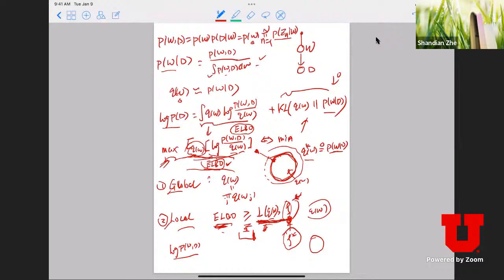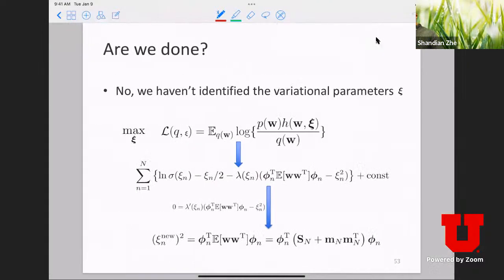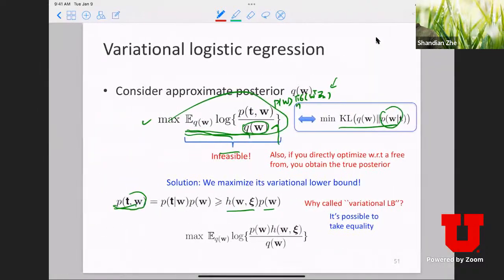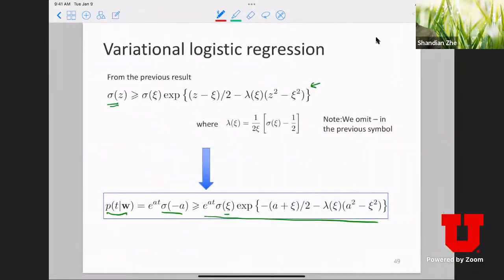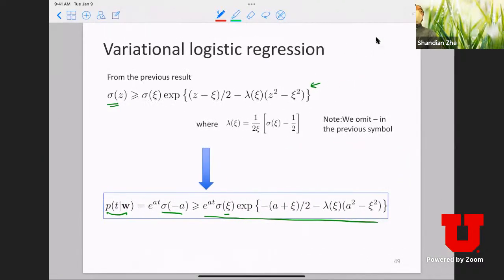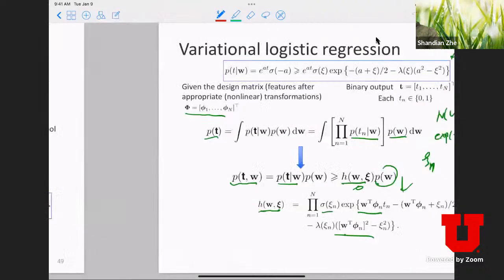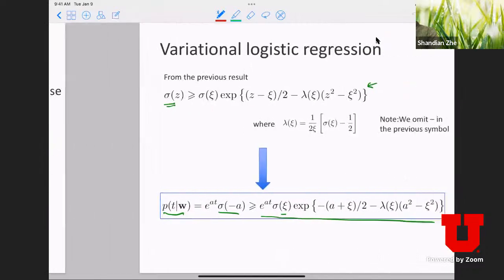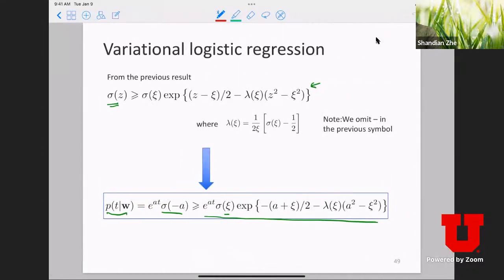So if we take a look at the variational logistic regression, at the beginning we want to take a look at the log sigmoid. We found that log sigmoid actually is concave, not convex. And then you need to do some transformation of those terms, and found that the log sigmoid subtracted by half z is convex in z squared.